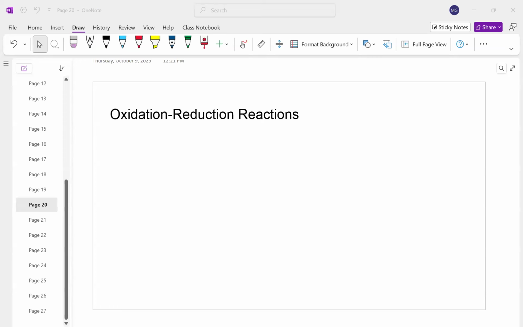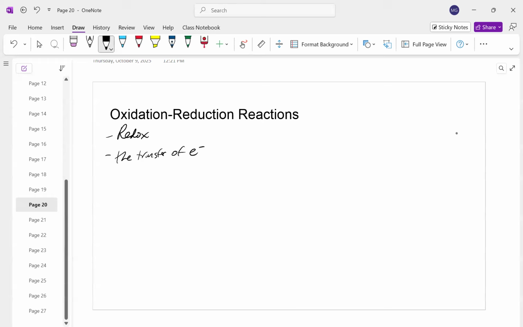We're going to spend quite a bit of time talking about oxidation reduction reactions because these tend to be the most common type of reaction that occurs in a chemical reaction. This is also known as a redox reaction. The RED stands for reduction and OX is oxidation. And this deals with the transfer of electrons.